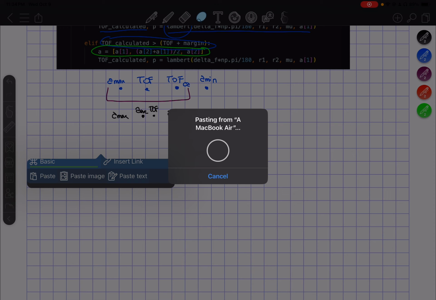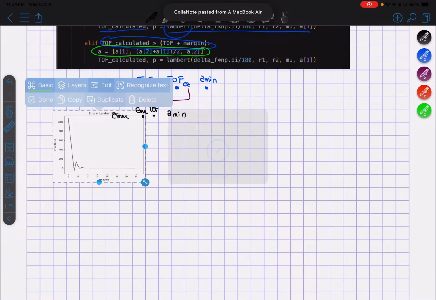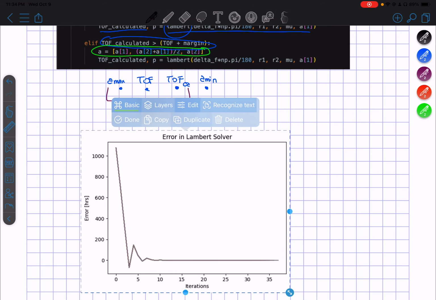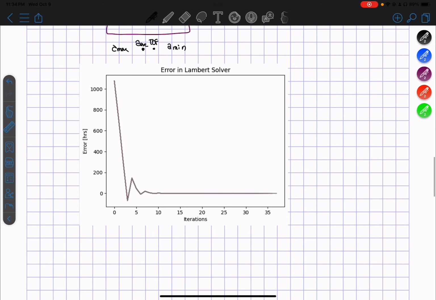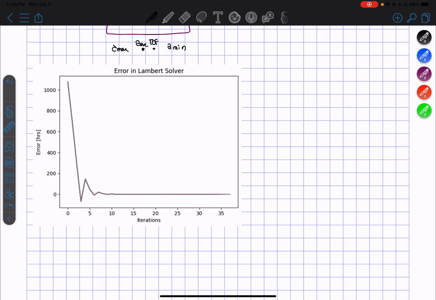This is supposed to be the error that you get from here. So on the y-axis you have the error in hours because I'm calculating everything in hours. You calculate everything in days, that's fine. And on the bottom I have iterations. As you can see, the more iterations I have, the lower the error becomes.